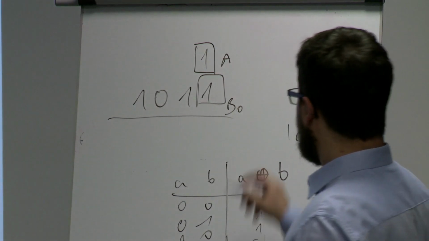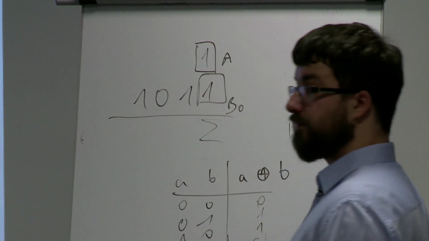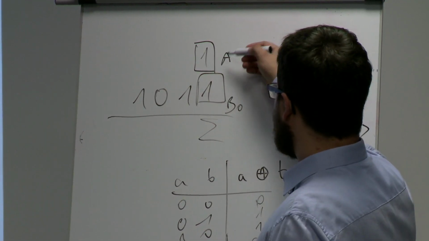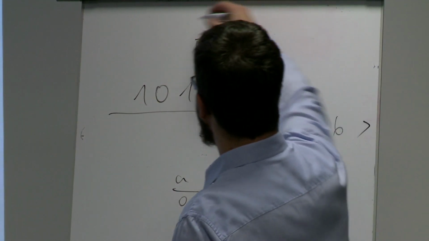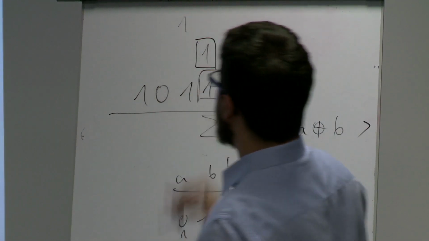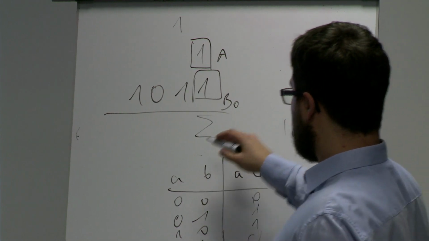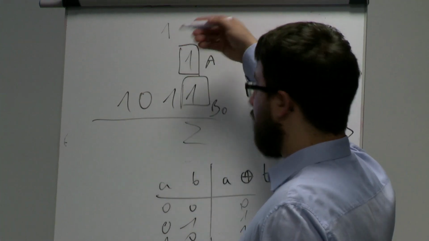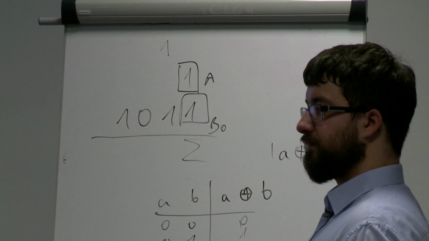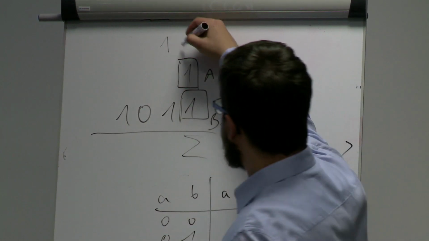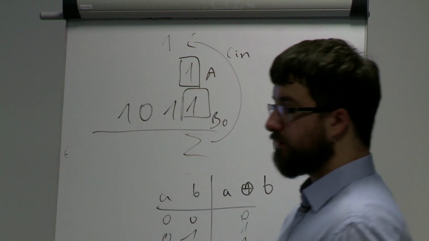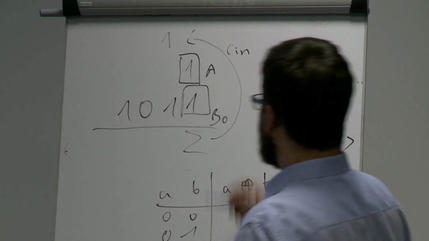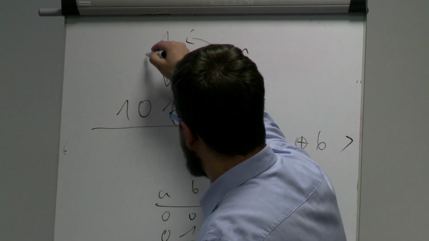Here we will have our answer, which is a sum, and if we have two ones, then we need to move a single one for the next bit. And this is our cin, which actually will be transformed later just to the cout.